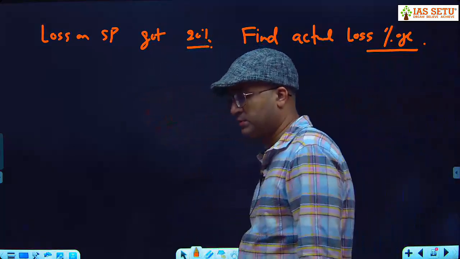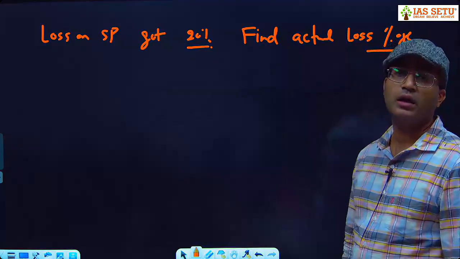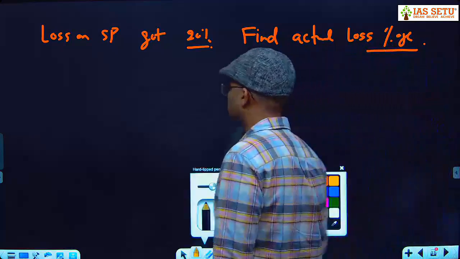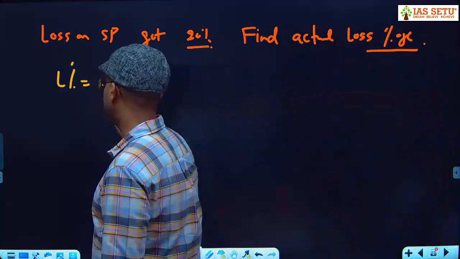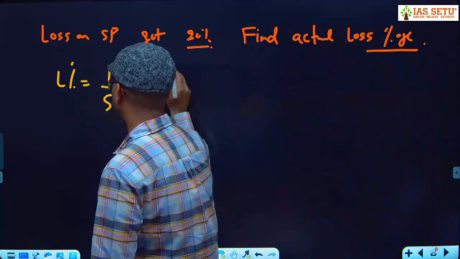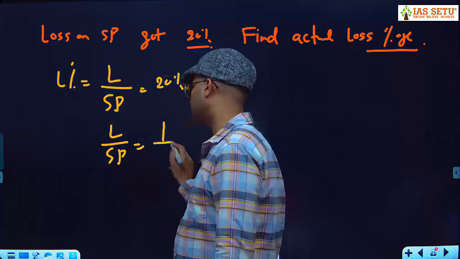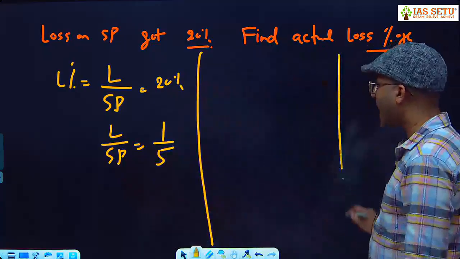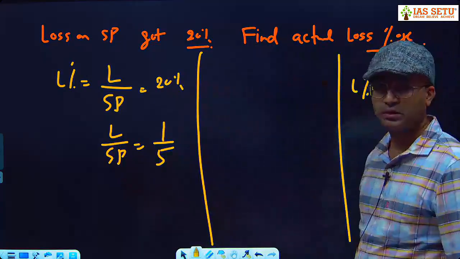L upon SP is the loss given in the question. What is your answer? 16.66%. How? Loss percentage L upon SP given 20%. What is 20%? 1/5. What is given in the question? But actually L upon CP you have to find.